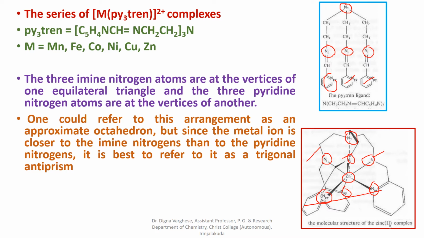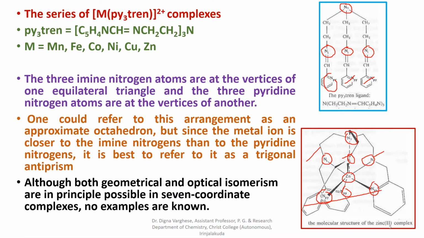Okay. So although both geometrical and optical isomerism are in principle possible in 7 coordinate complexes, no examples are known. But py3 tren complexes must be optically active.